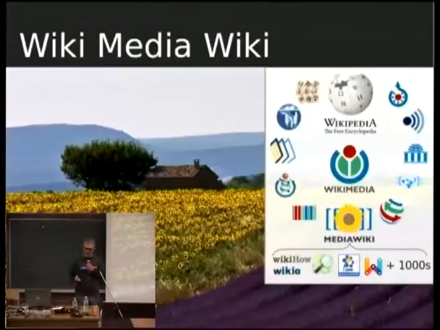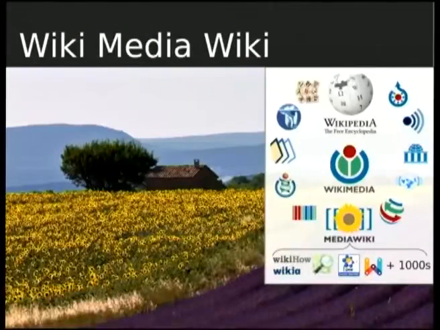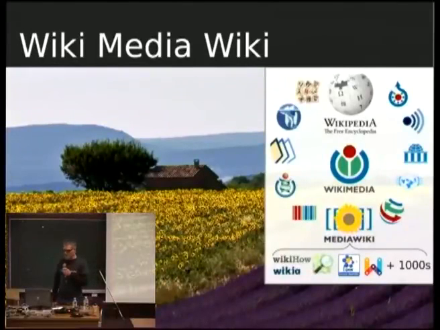So first, let me explain you a little story. Wikimedia Wiki, a bit like home sweet home. So we have Wikipedia, which is a project you already know. Actually, this project belongs to a family of projects, which are part of the Wikimedia movement. All these projects shared basically two things.